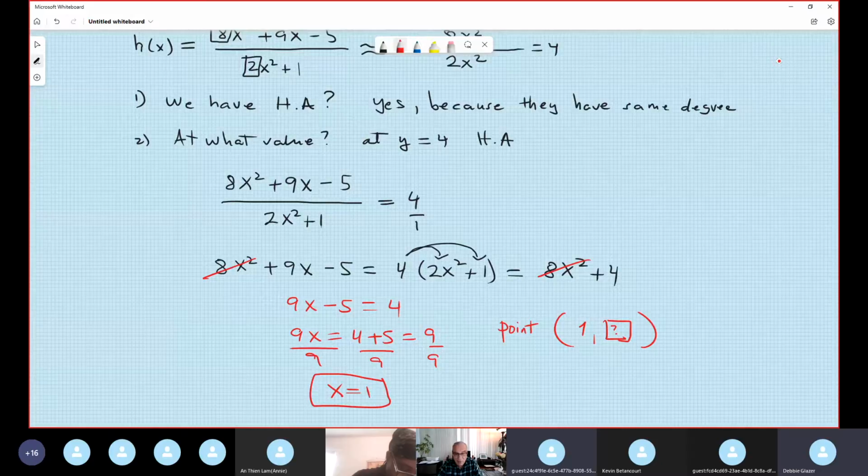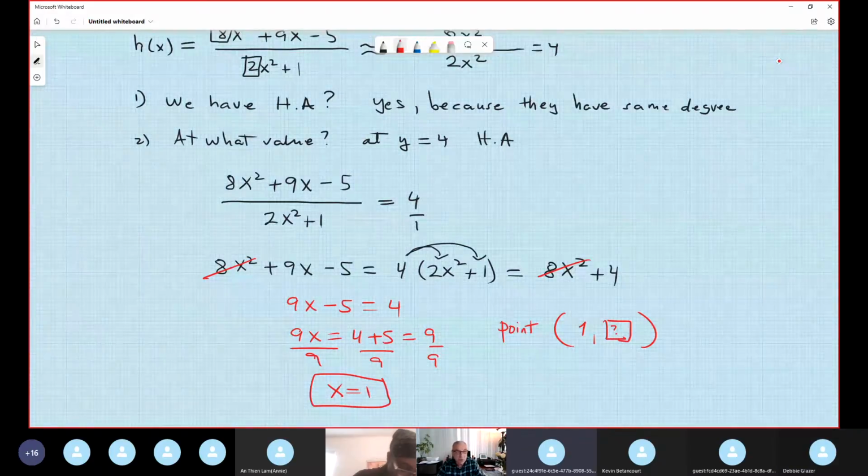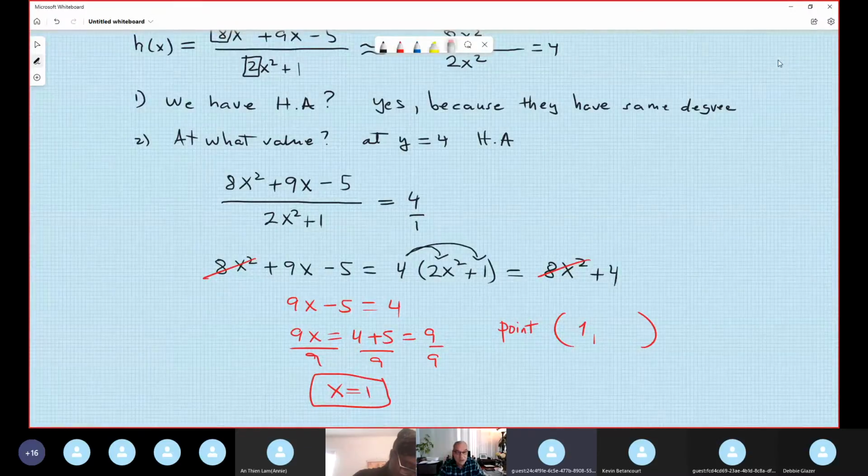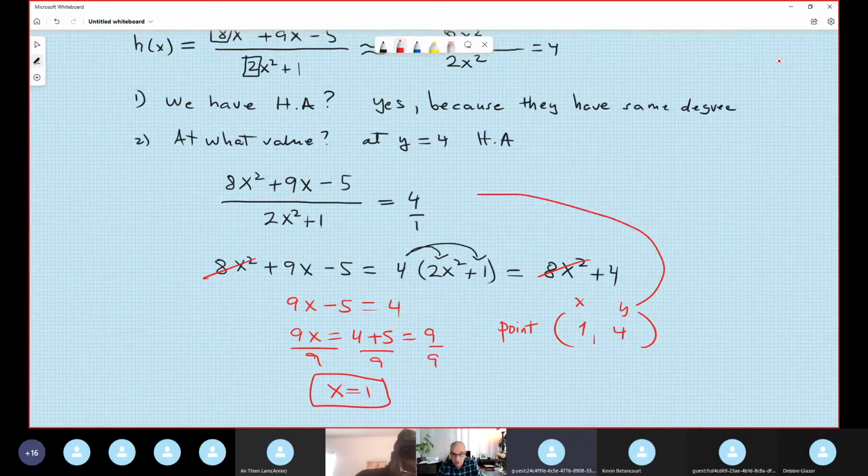I am looking for the horizontal asymptote. That's right. Okay. It's 4. The famous point is the point 1,4. Always is the same. No rule. So the unknown is the X component. The Y I know at the beginning is this.